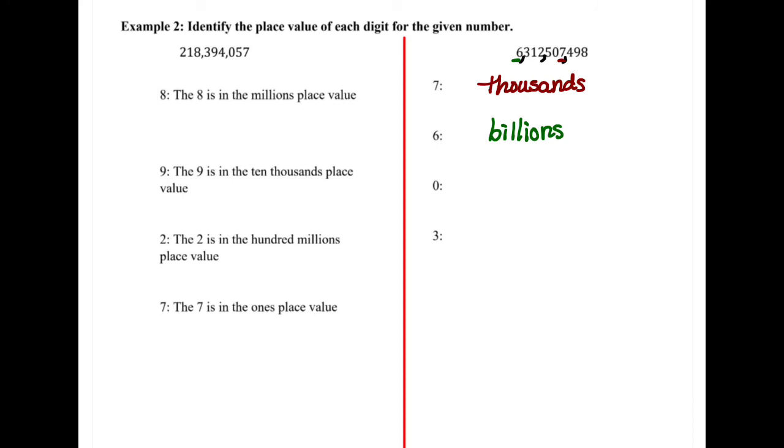Okay, the 0. Right there's the 0. So it's in that second group. Here's the ones, that's in the thousands, and it's the middle space, so that's the tens. So this is the 10 thousands.